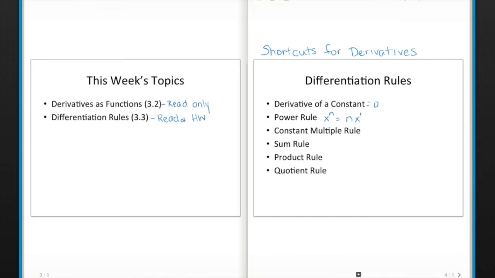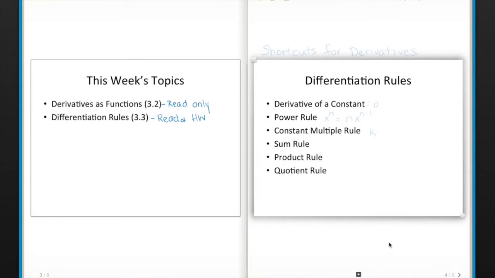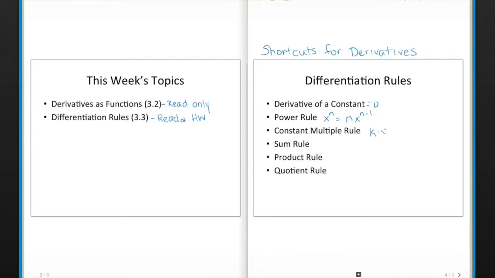First of all, the derivative of a constant is always 0. Then you have the power rule. So, variable raised to an exponent, well, the exponent becomes the constant, and then you subtract 1 from the exponent. Then there's the constant multiple rule. If you have a constant times x, the derivative would just be a constant.